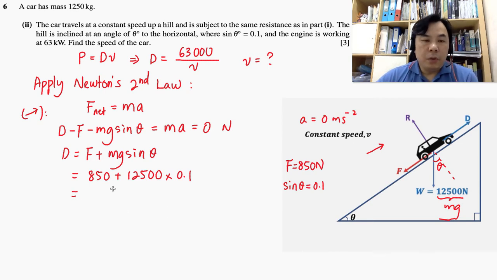Therefore, my driving force in this case will be, let me see what I have, 850 plus 1250, so 2100 newtons. Right. Let me check whether I got it correct.